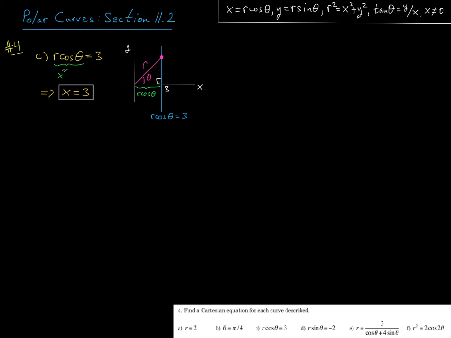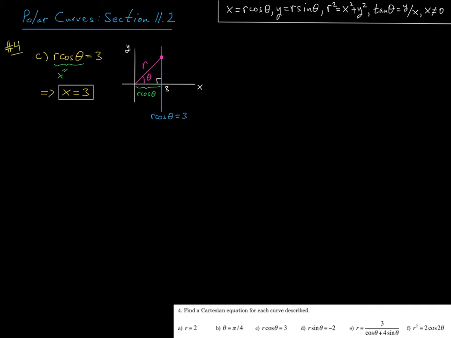Looking at this right triangle in the figure, the base of this right triangle, just using SOHCAHTOA, is r cosine theta. And you can see that no matter what point you choose on this vertical line, r and theta can vary, but this base of the triangle, r cosine theta, will always come out to be 3. So this equation is just describing a vertical line.